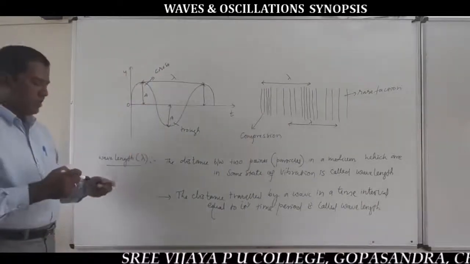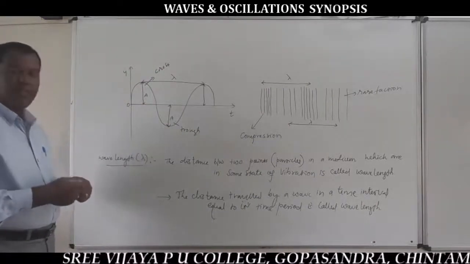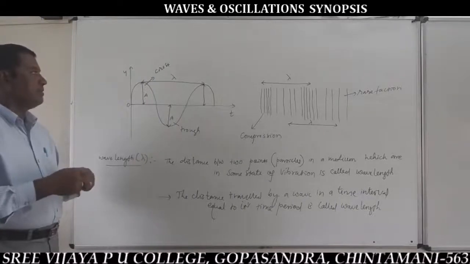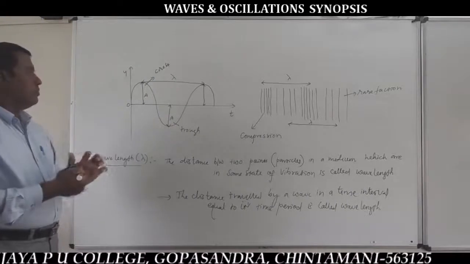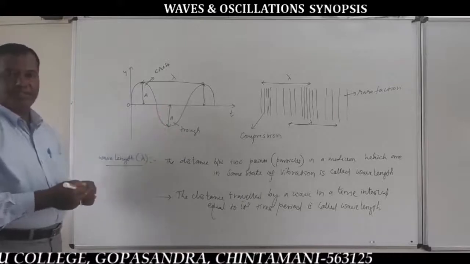So in case of a transverse wave, wavelength is defined as the distance between two consecutive crests or troughs.